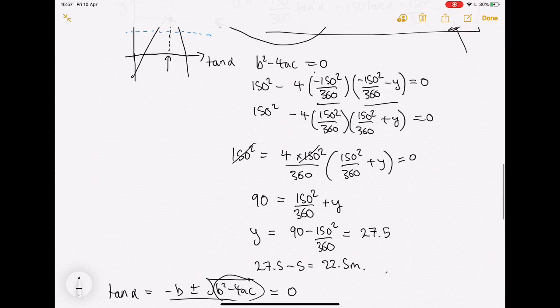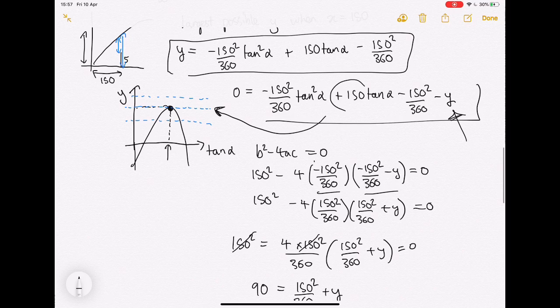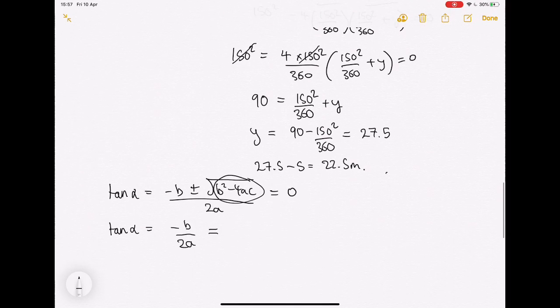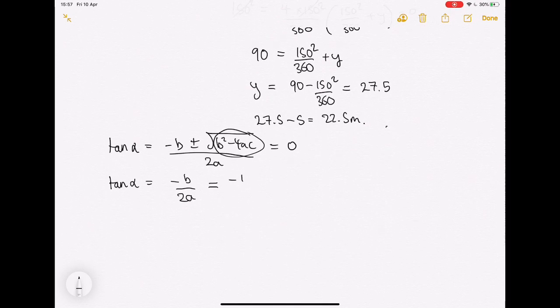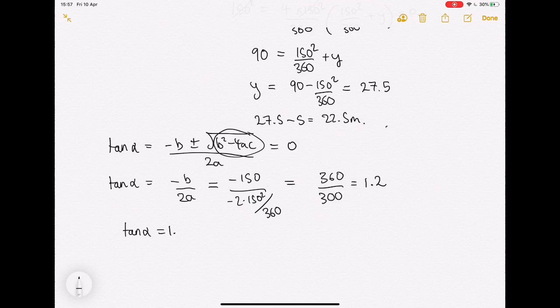Minus b is minus 150, over 2 lots of minus 150 squared over 360. So it is minus 150 over minus 2 times 150 squared over 360, which is 360 over 300, which is 1.2. So the value of tan alpha is 1.2.